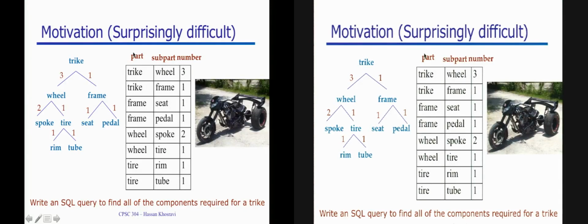So for example, to get a trike, you need wheels, you need 3 of them, you need a frame, you need 1 of that, and to get a frame, you need some other stuff. So for a frame, you need a seat, and as you can see, this table is showing this tree. And whatever is inside this tree are all the required components in order to build a trike.